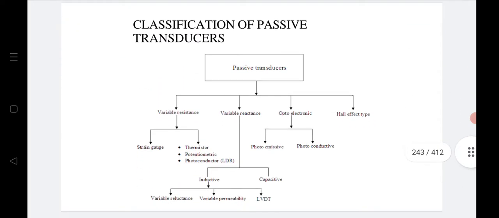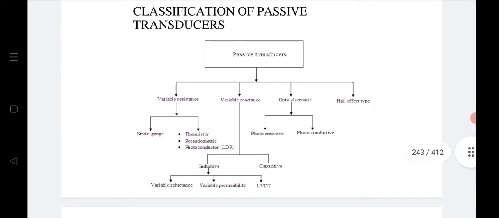When we go to the classifications of passive transducers, they are classified into various types. The first is variable resistance, the second is variable reactance, the third is optoelectronics, and the fourth is Hall effect type.